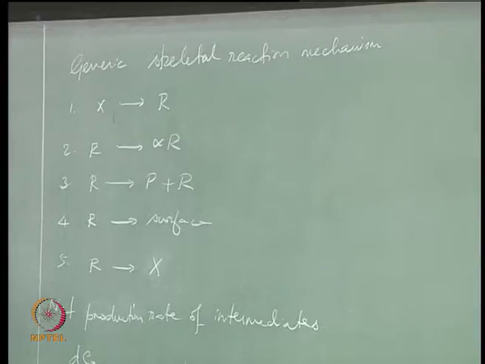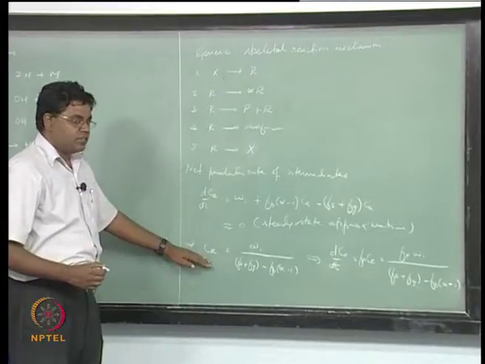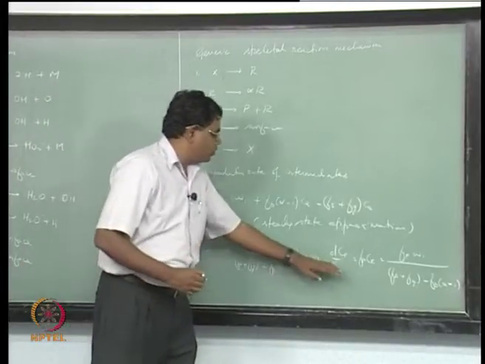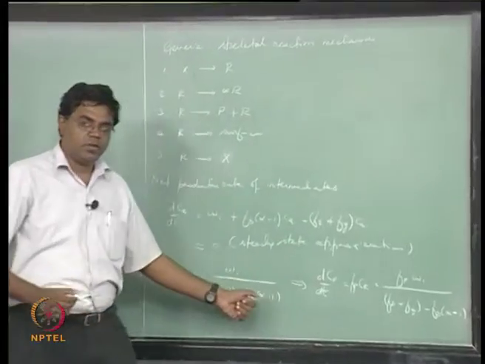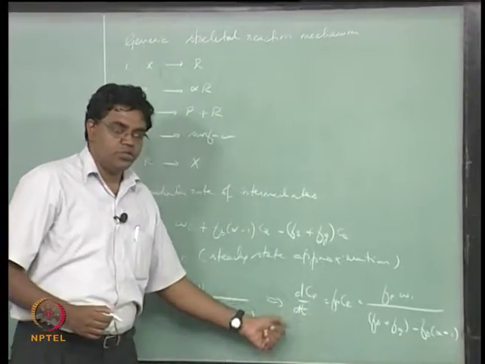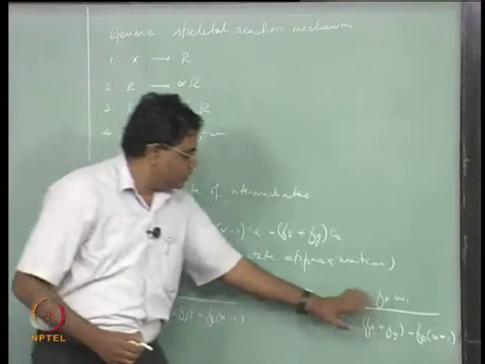then we apply the steady state approximation and get an expression for the concentration of the radical intermediates, with which we now try to plug in the expression for the rate of production of the final product, and we get this expression, right.